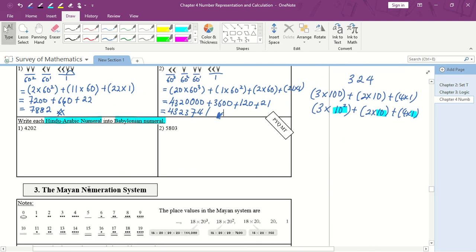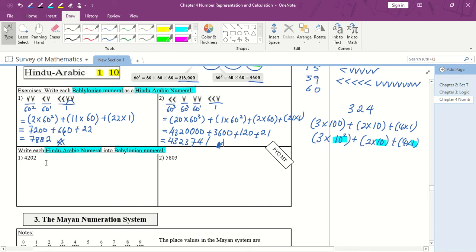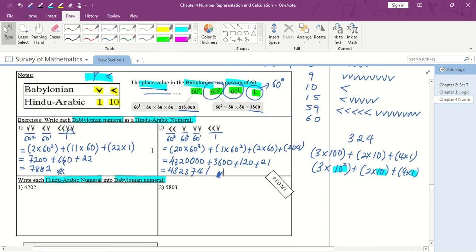Okay, so now the next one, write each Hindu Arabic numeral into Babylonian numerals. Okay, and that is how you need to do it. 4202. So first thing, just kindly look at here. Let me just write it down. 60 cube, 60 square, 60 and 1.